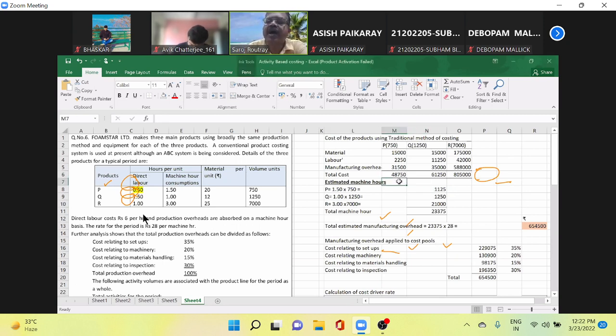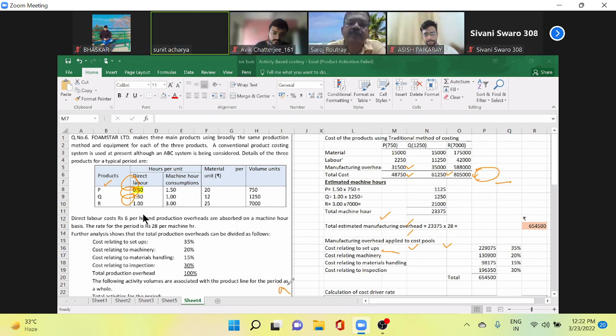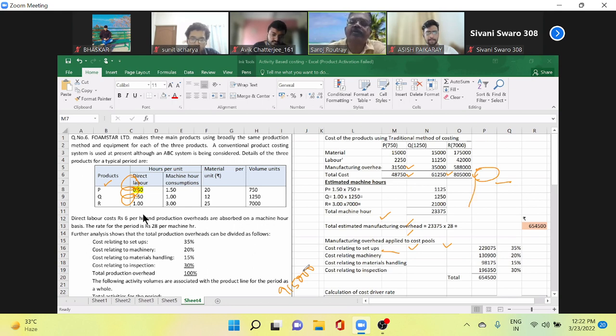I just want all of you to add these three costs, P, Q, and R. Just add these three costs. How much is it coming to? 9,15,000.